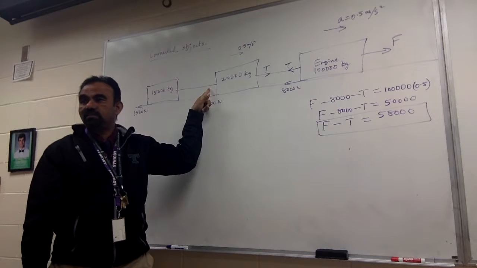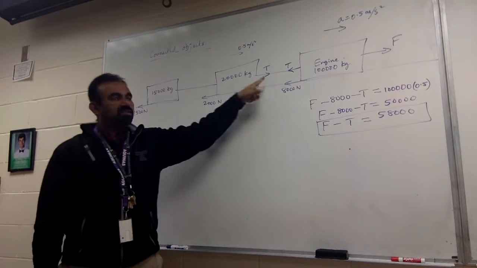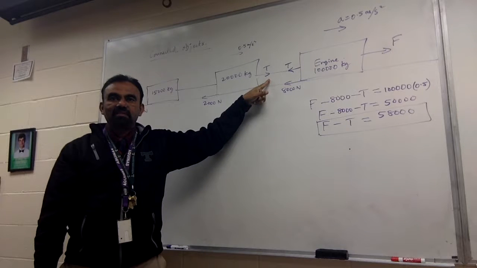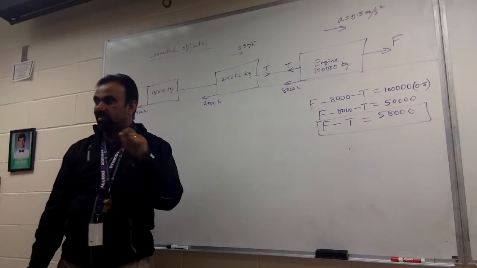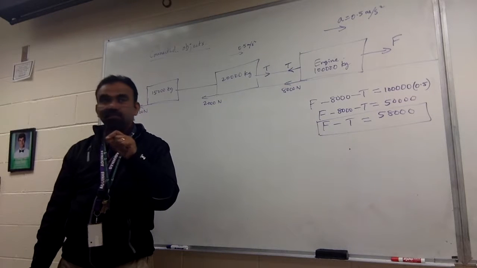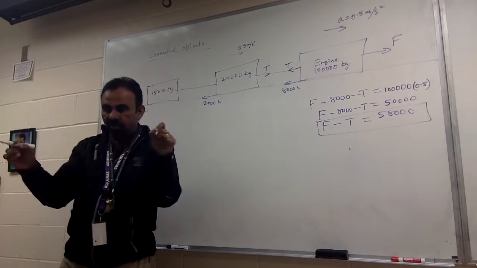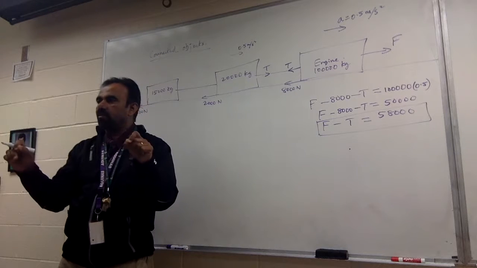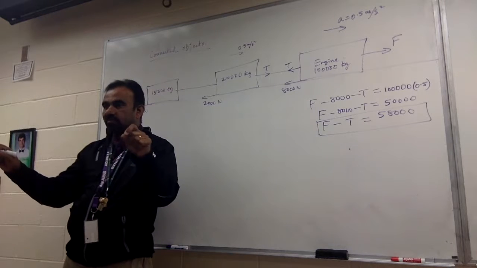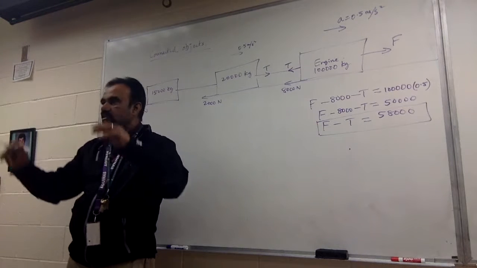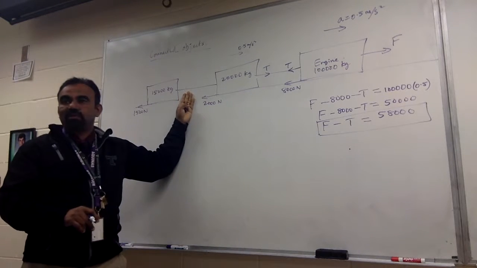And then again tension. Is this tension the same as that? Yes. No. What did I say about tension? Tension is the same in every connected line, in every string or every cable in one link. If you have one string, throughout the string, the tension is the same. But this becomes a different one.